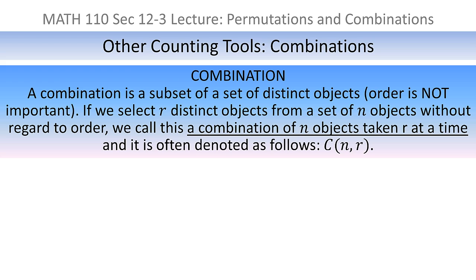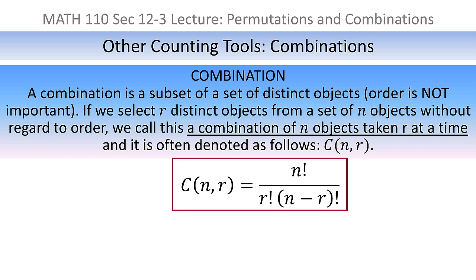If we select R distinct objects from a set of N objects without regard to order, we call this a combination of N objects taken R at a time. And the notation for that is not necessarily just one, but the one that you see the most often, the one that we will use, is a capital C with N comma R in parentheses. And it's read a combination of N objects taken R at a time.